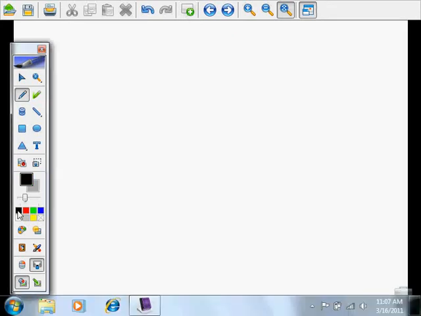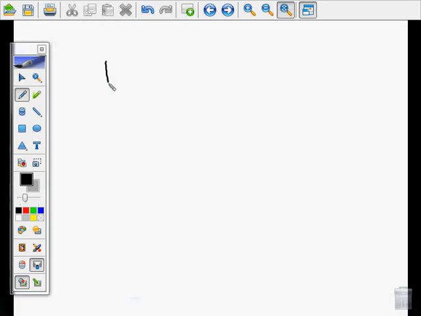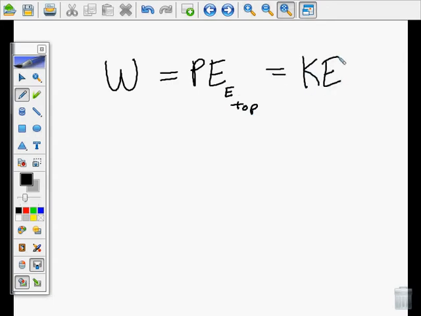But remember we were just saying a moment ago how the work done to raise that charge up is equal to the electrical potential energy at the top point, which would be equal to the kinetic energy of the object at the bottom point. Well, if those three are equal to each other, conservation of energy, then when we define voltage as work per charge, guess what else voltage is actually equal to?